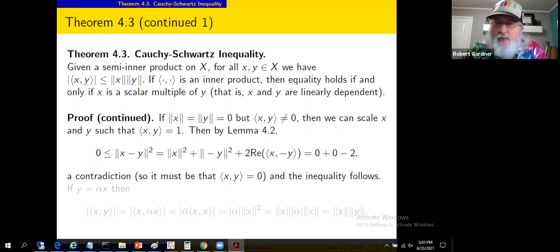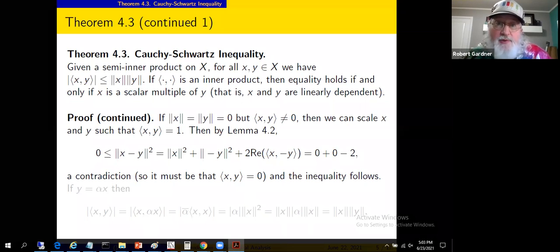They're vectors with semi-norm 0. But we've established then the Cauchy-Schwarz inequality. This takes care of the case where x and y both had a semi-norm of 0, and the previous slide takes care of the case where at least one of them does not have semi-norm 0. So we've established the Cauchy-Schwarz inequality for a semi-inner product.